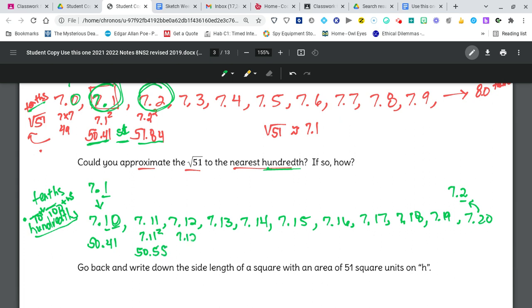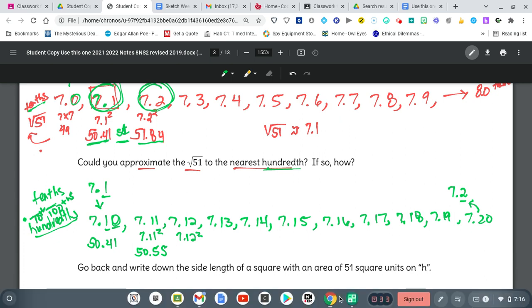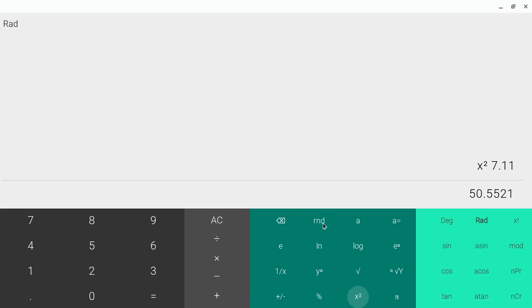See if we can get close with 7.12 squared. So let's do 7.12 squared. 7.12, and then we're going to square it. That 4 tells that 9 in the hundredths place to stay the same. So this is going to round off to 50.69.